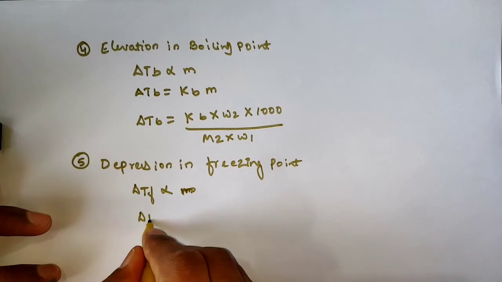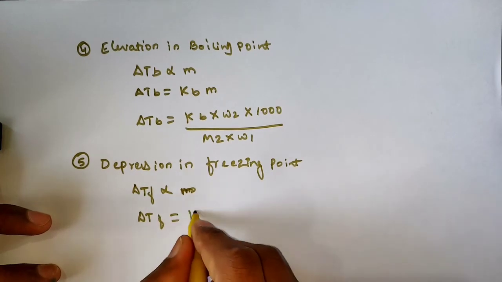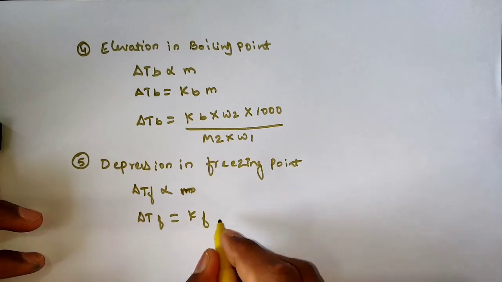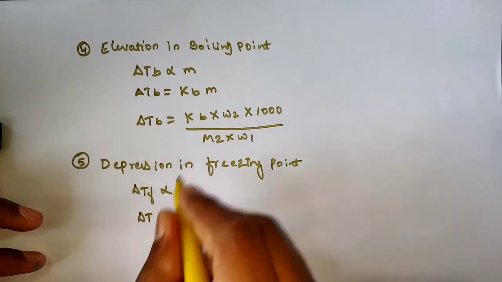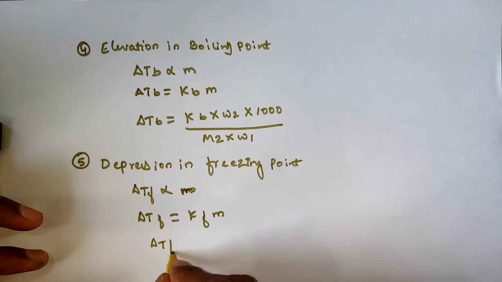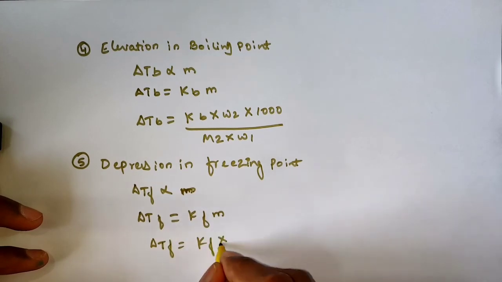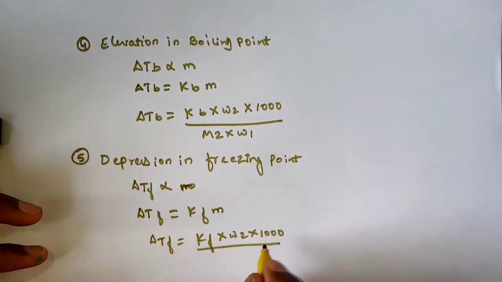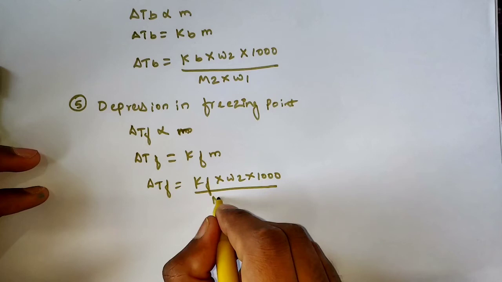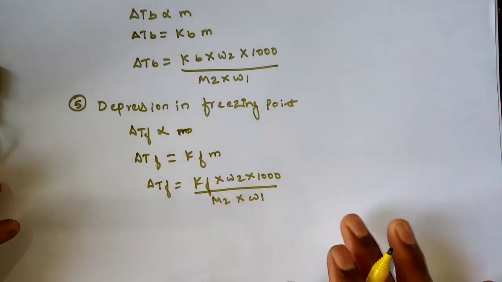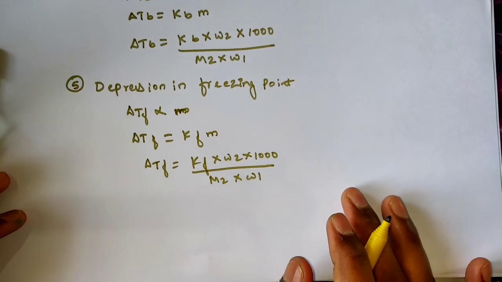So delta TF is equal to KF into molality, where KF is the freezing point depression constant. Substituting the molality terms, delta TF is equal to KF into W2 into 1000 upon M2 into W1.